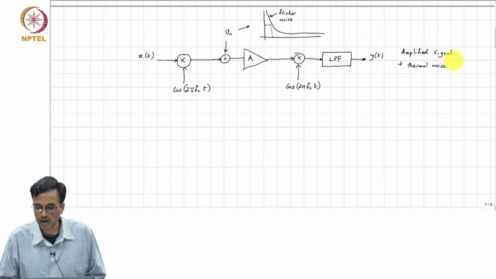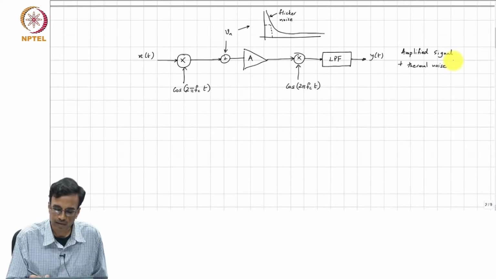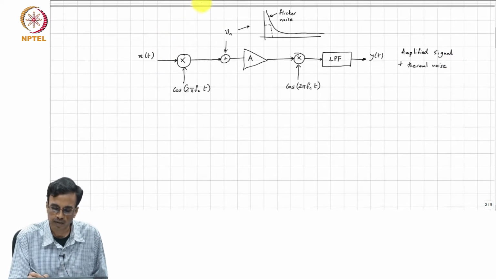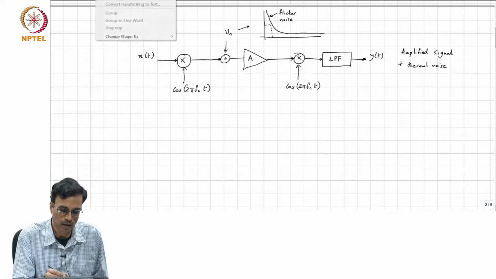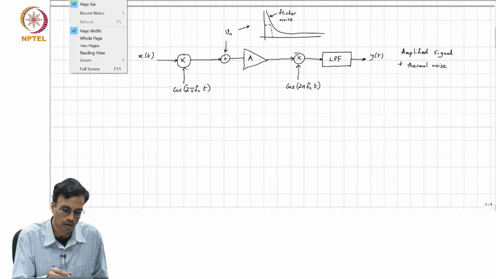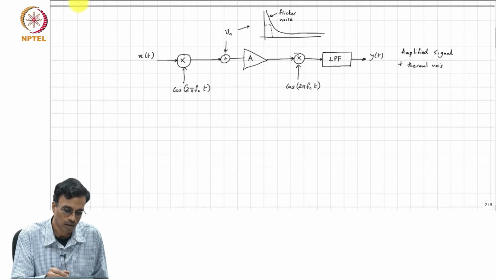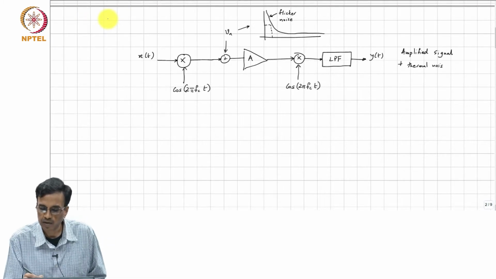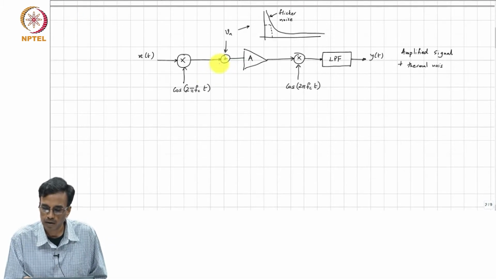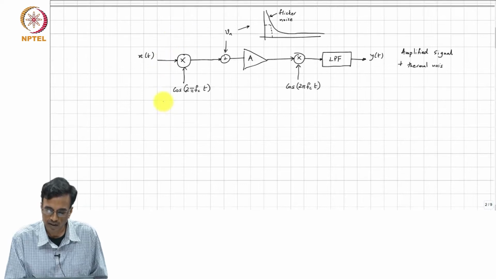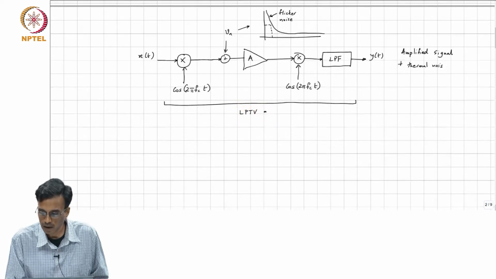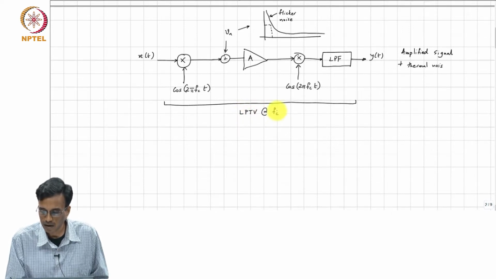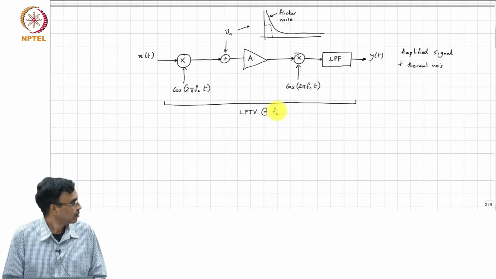Now, because this is an LPTV system, if you, for instance, put this whole thing inside a black box, this is an LPTV system at fc.